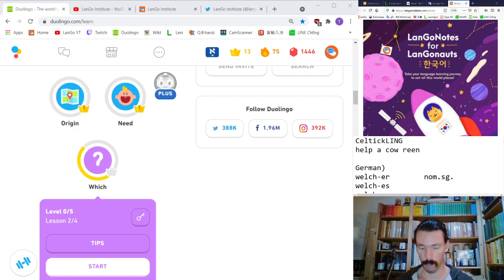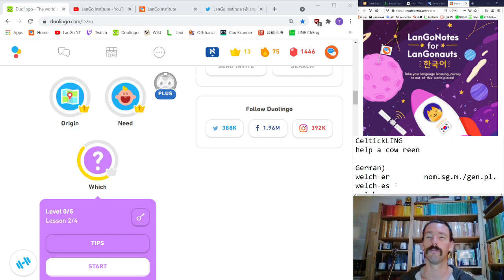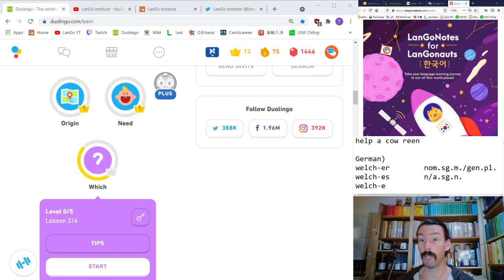Nominative singular masculine, welcher. Could also be plural genitive, gen plural, any gender. Welches, nominative or accusative, singular, neuter. Welche, many meanings.